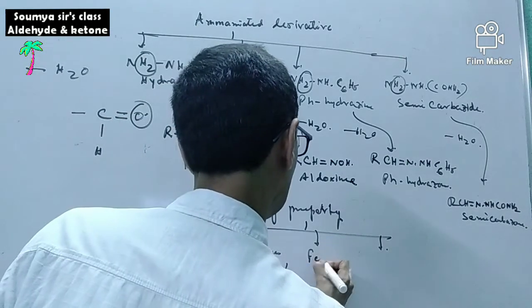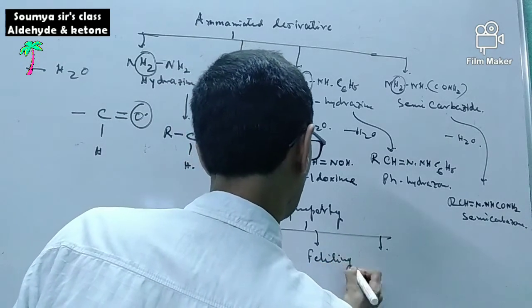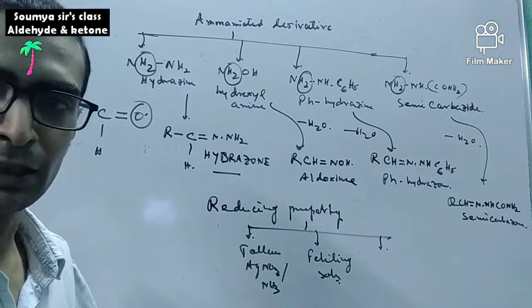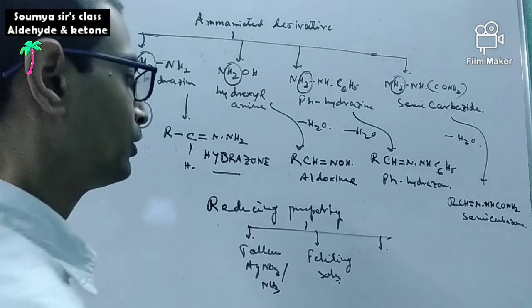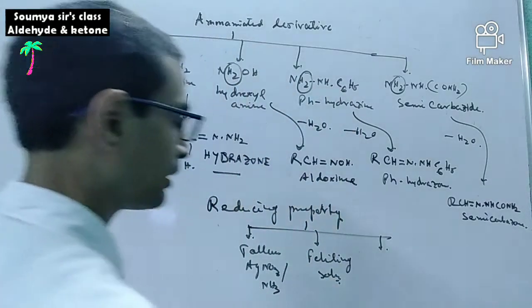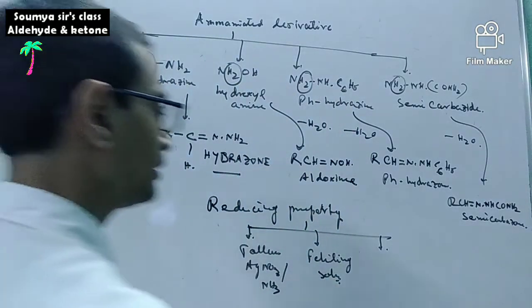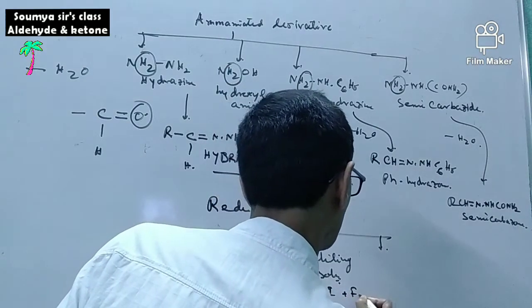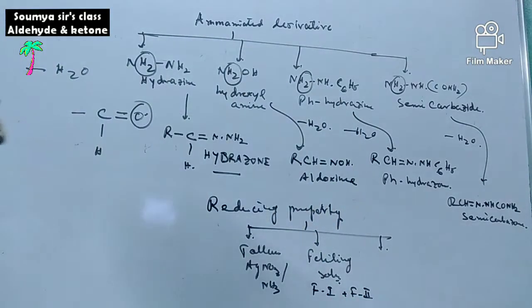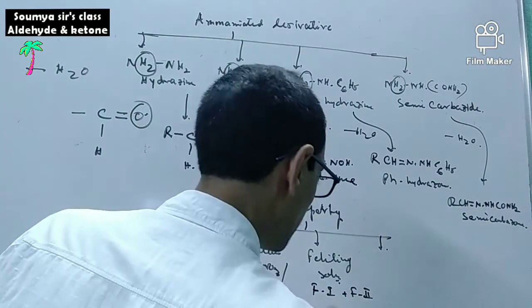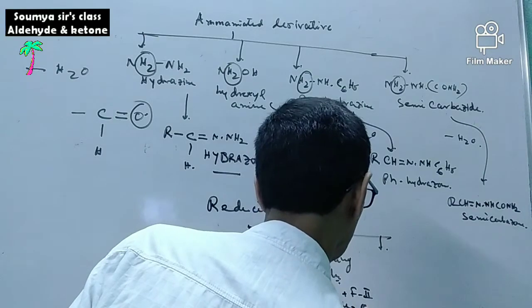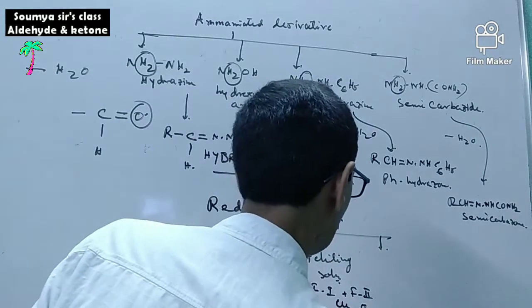Another is Fehling solution. Fehling solution is a mixture of sodium potassium tartrate and copper sulfate. Fehling 2 is copper sulfate and Fehling 1 is sodium potassium tartrate. Both lead to Cu2O actually.